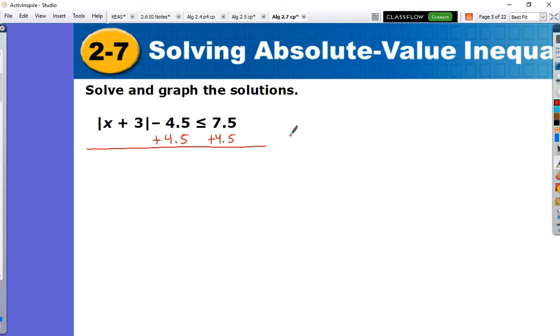Same thing we did in chapter 1. When I do that, my 4.5s are going to cancel, and I'm left with the absolute value of x plus 3 on one side. Keep the same symbol, and on the other side, I get 12.